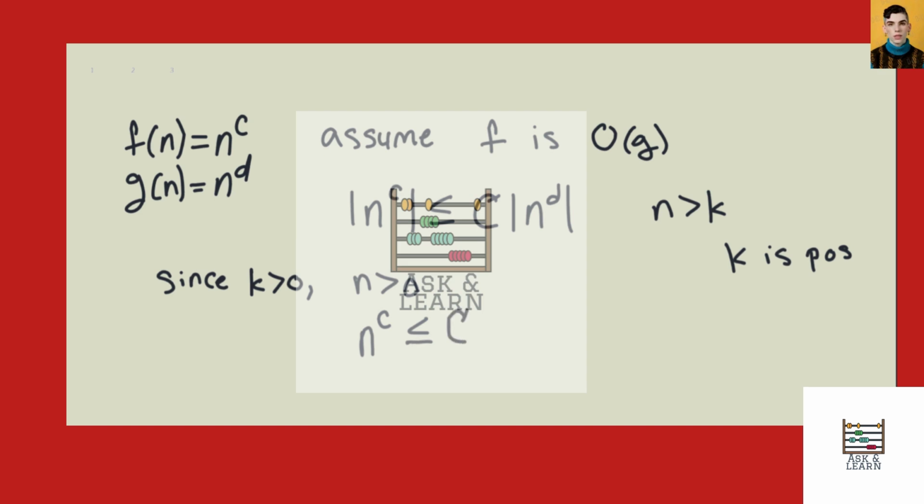So we get n to the power of C is less than or equal to C times n to the power of D. Oops, I want to get rid of those absolute values. I'm just getting into a habit here. Okay. Well, we can divide both sides then, right? So this is necessarily the same thing as n to the C over n to the power of D being less than or equal to C.